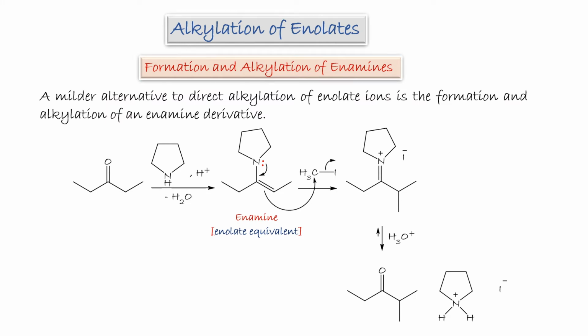Alkylation of enolate. A milder alternative to direct alkylation of enolate ions is the formation and alkylation of enamine derivatives. The carbonyl compound with alpha hydrogen reacts with a secondary amine like pyrrolidine in the presence of a catalytic amount of acid, leading to the formation of enamine.